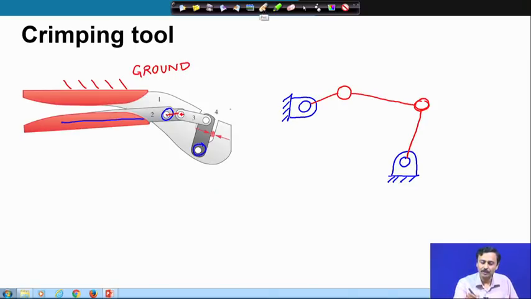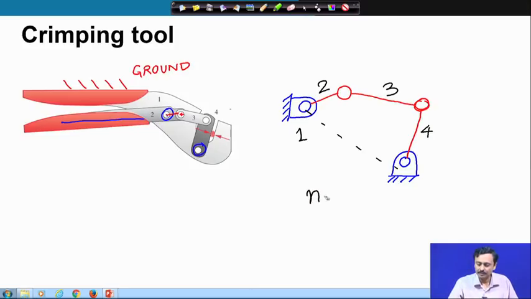Now, here again I am going to number. The ground is numbered as 1 as always. So, this is the ground, this is 2, the coupler is 3, and this is link number 4, which actually does the crimping operation.